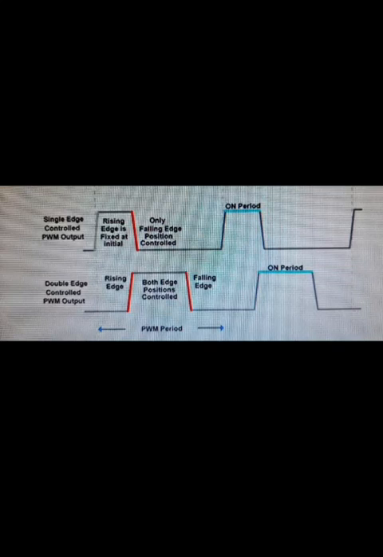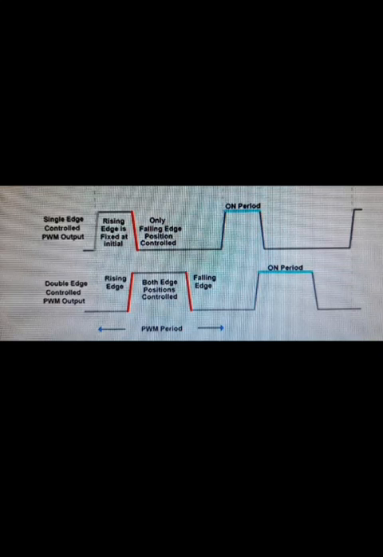The LPC2148 has 7 PWM match registers, PWM MR0 to PWM MR6. One match register, PWM MR0, is used to set the PWM frequency. The remaining 6 match registers are used to set the PWM width for the 6 different PWM signal edges.